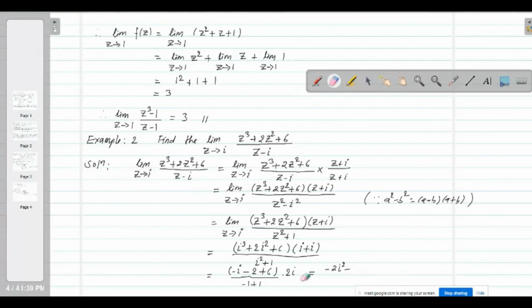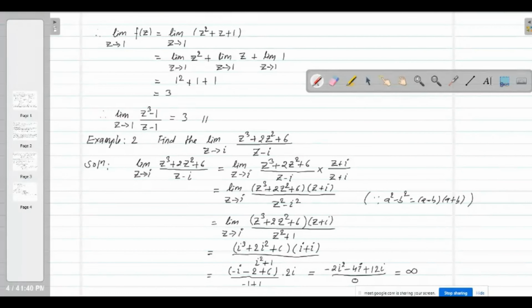Just multiply inside: 4i and plus 6, that is 12i, and divided by 0. So this gives infinity. So we can say the limit of this function does not exist.